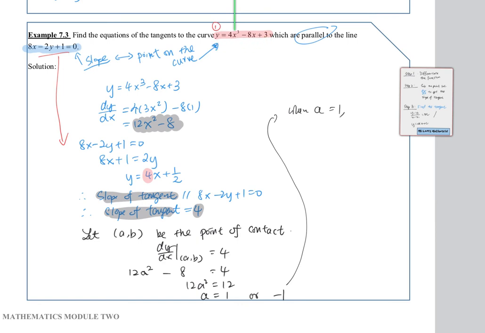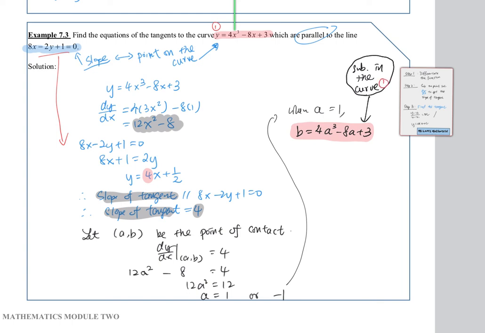So substitute it back into y, that means b, equals a cubed minus 8a plus 3. Substitute in the graph, the original curve, which we mentioned as the curve in number 1, right?